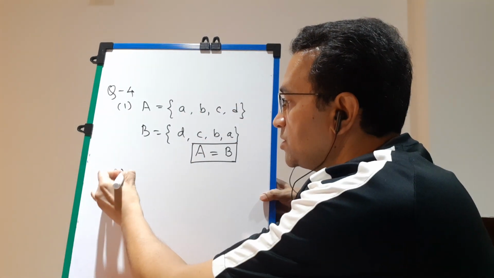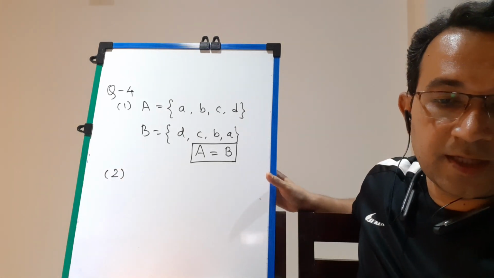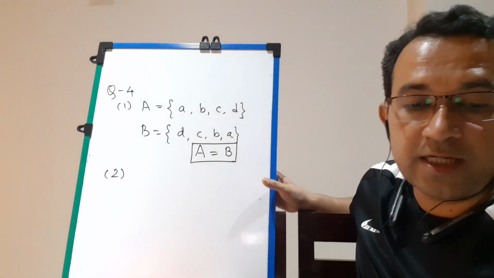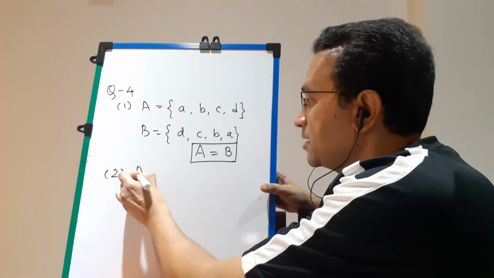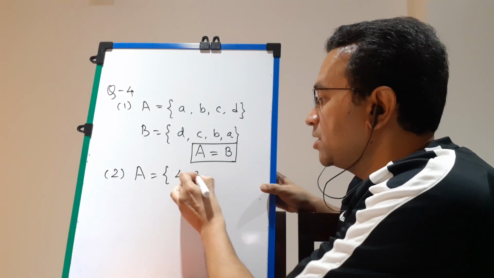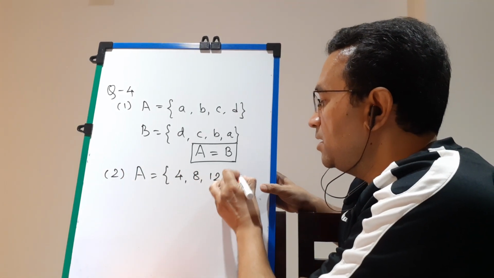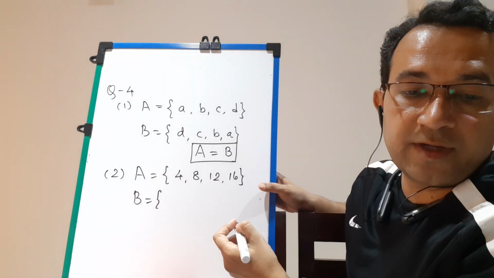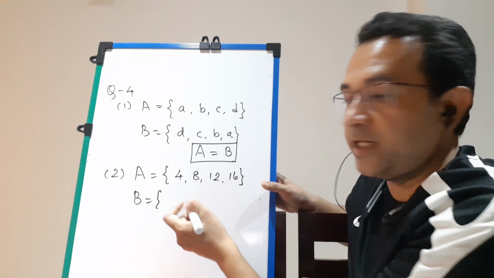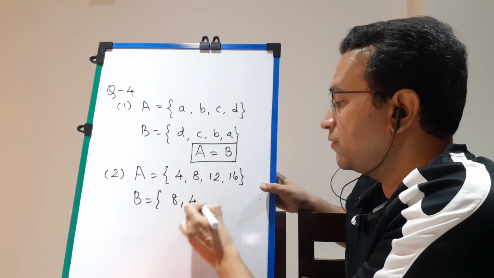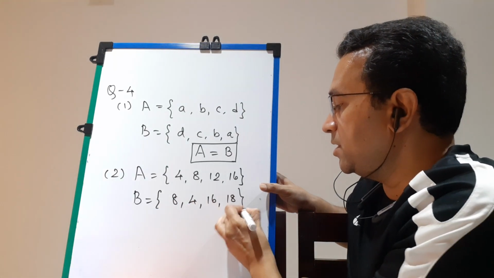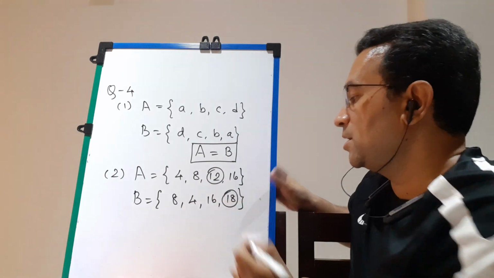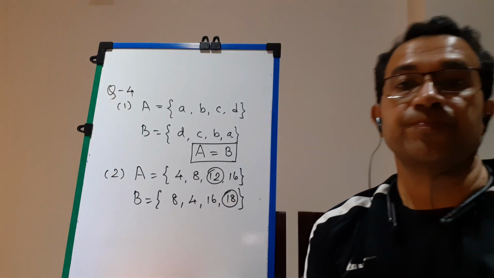Now the second pair. Set A consists of elements 4, 8, 12, 16, and set B consists of elements 8, 4, 16, 18. Check, this element is not the same.